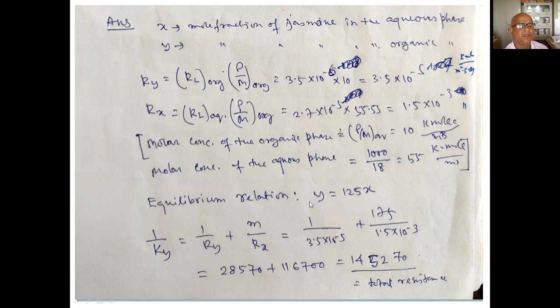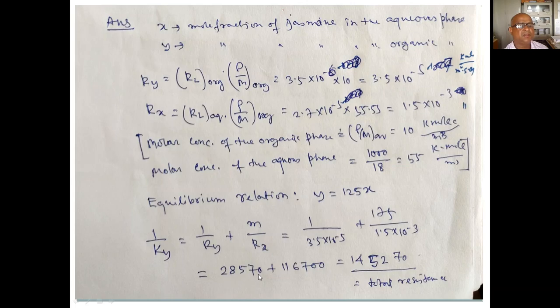So Y is the concentration in the organic phase, and X is in the aqueous phase. So 1 by capital Ky equals 1 by small ky plus m by kx. So 1 by 3.5 into 10 to the power minus 5 plus 175 by kx equals this. This is the total resistance.